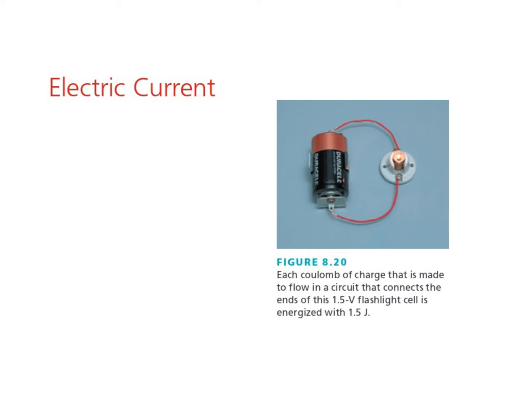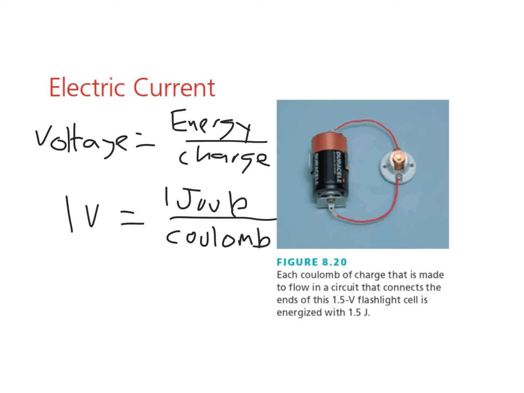Now, remember what voltage means. Here I've reminded you that voltage is energy per charge, and the units, 1 volt, would be 1 joule, remember, joule is the energy unit, divided by 1 coulomb. So what does it mean if we say this battery is 1.5 volts?